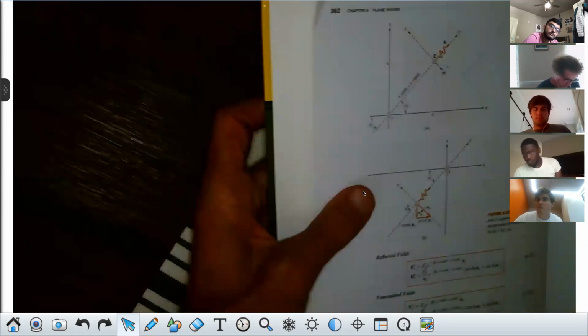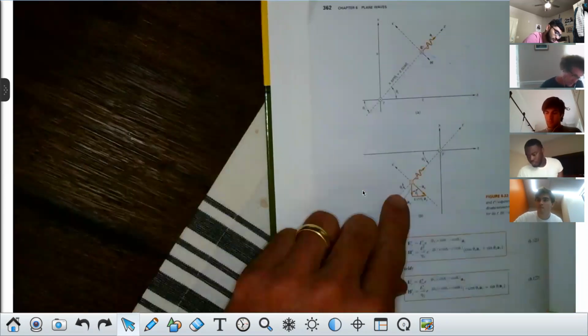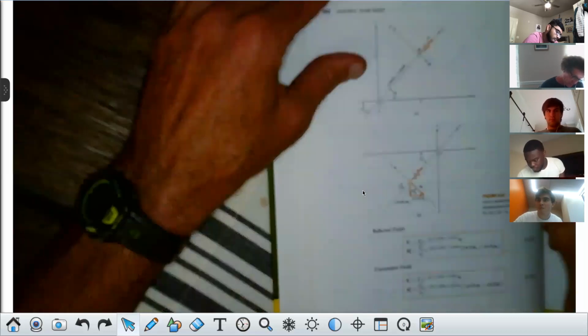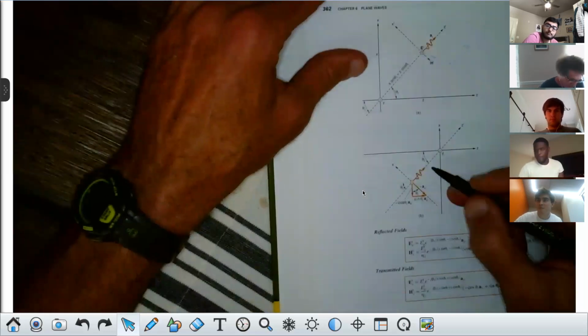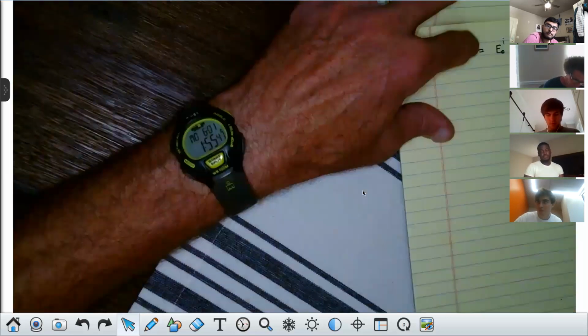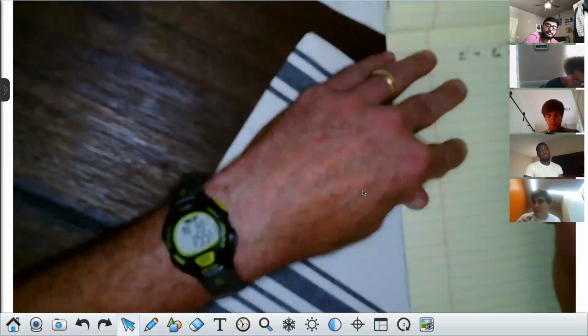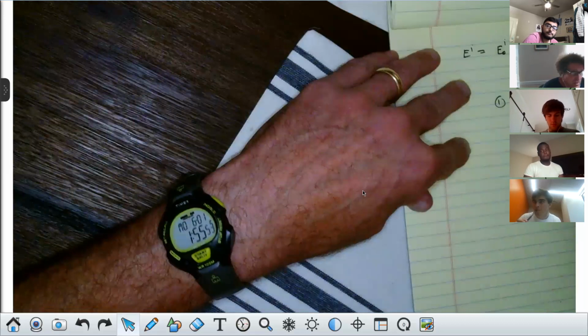He shows that right here in the next page. I'm going to develop it a little better. He says if it's propagating this way, oh boy, I don't like that. That's going to confuse you. Let me see if I can do justice to this. So bear with me. This is medium 1, medium 2.